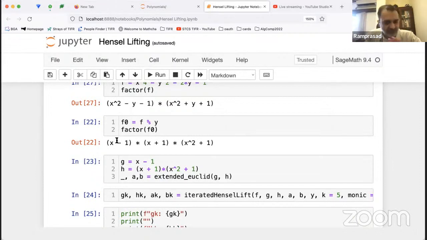Okay. And we'll formally prove that the only way the product will be reasonable is if f was actually reducible to begin with. If f was reducible, you will realize that there is something you can multiply to gk in order to make it reasonable. And if f was irreducible, there is just no way of doing that.